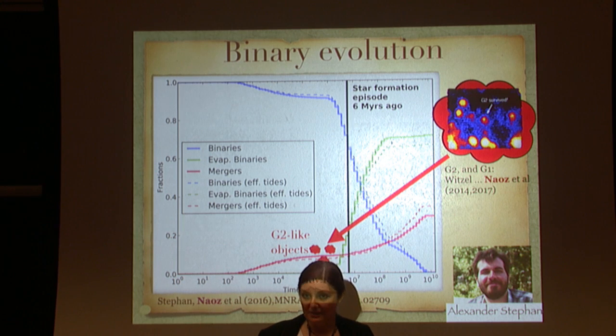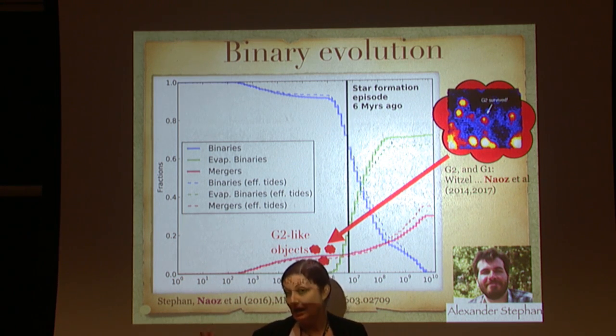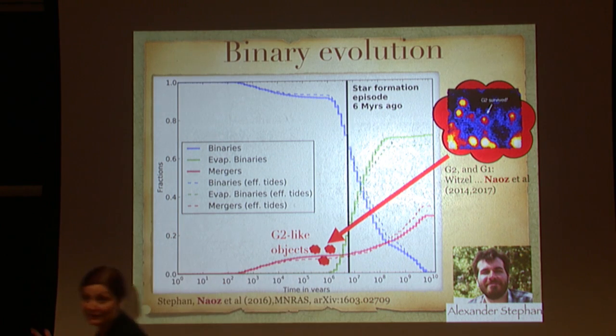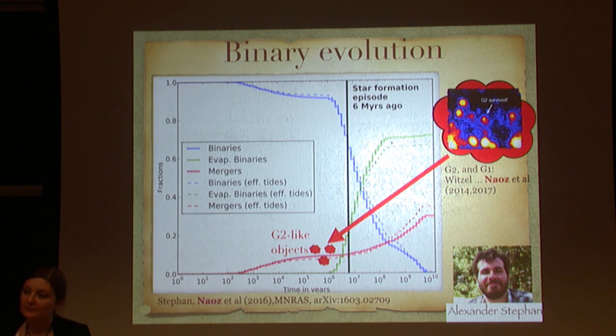So this process is long for circular orbits. Who knows exactly what the time scale is for eccentric orbits, but we might use that time scale as a guide.